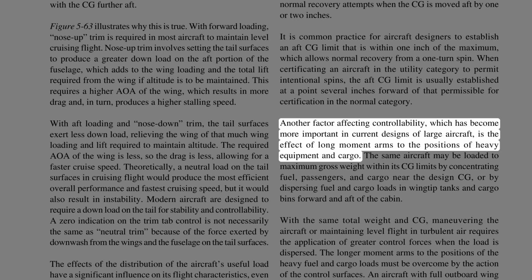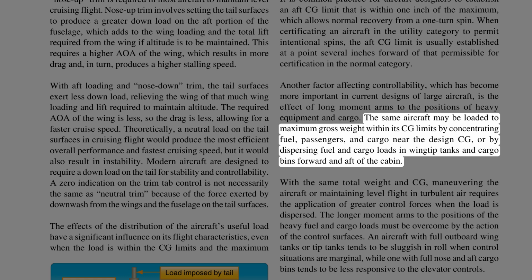Another factor affecting controllability, which has become more important in current designs of large aircraft, is the effect of long moment arms to the positions of heavy equipment and cargo. The same aircraft may be loaded to maximum gross weight within its CG limits by concentrating fuel, passengers, and cargo near the designed CG, or by dispersing fuel and cargo loads in wingtip tanks and cargo bins forward and aft of the cabin.